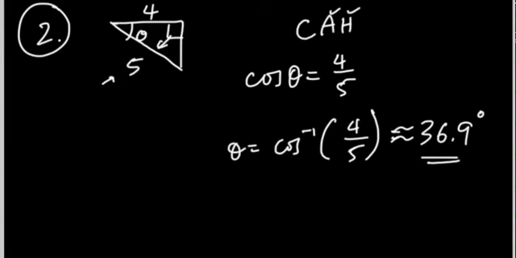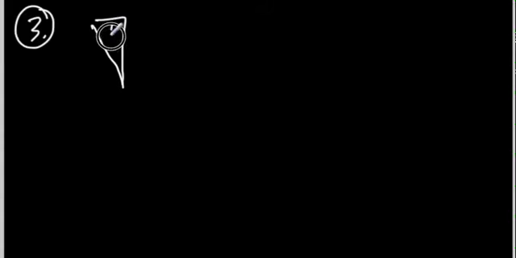Okay, let's move to the next one. Make sure once again that you have degree mode. I'll probably just say that for each single one over here. So we have theta over there. Once again, we have the opposite this time, because 2 is opposite, right across from theta, and 3 is adjacent, right?